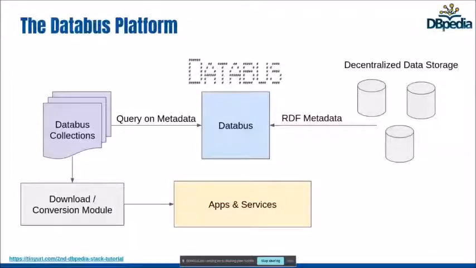In my examples that I'm going to show you later, I'm using a really minimal download client, which only gets passed a collection URI and then pulls files to your local system. But there's also the DBpedia download client, which is also able to do file conversion.